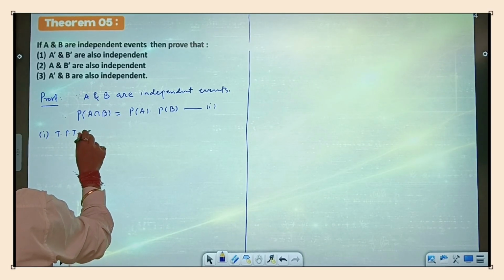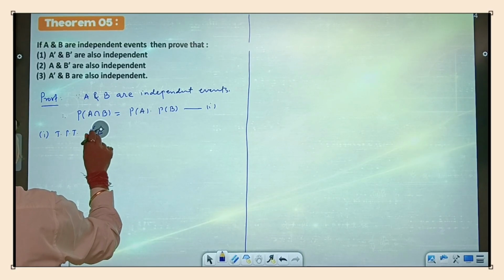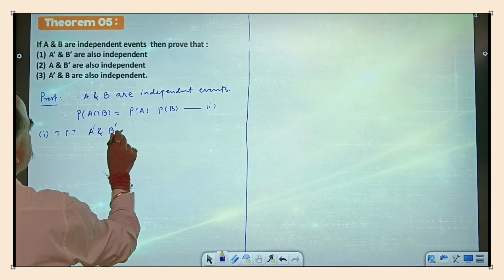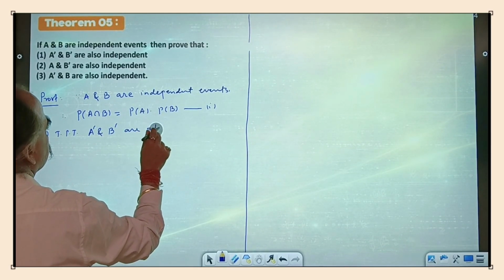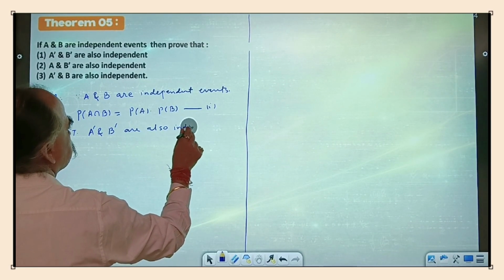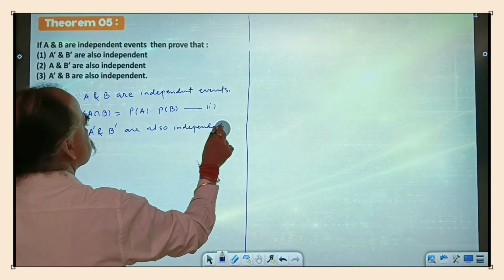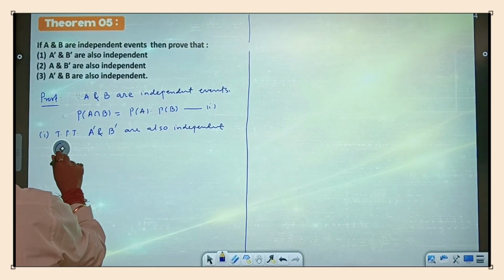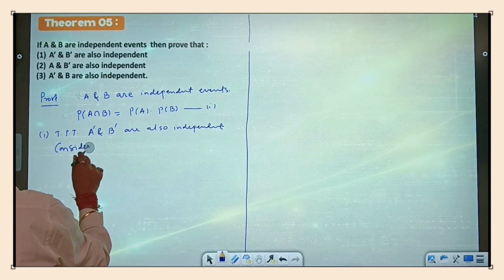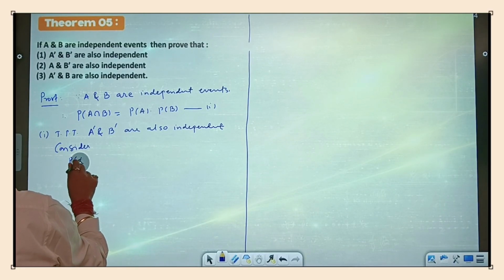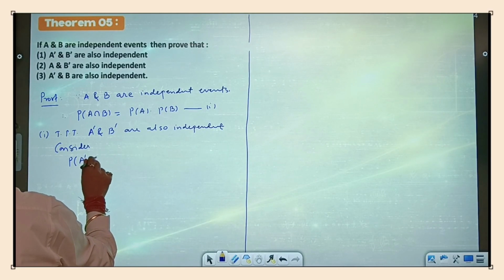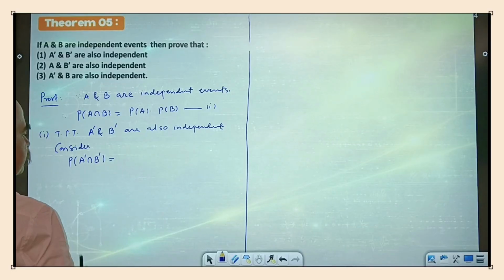To prove that A dash and B dash are also independent, consider probability of A dash intersection B dash.